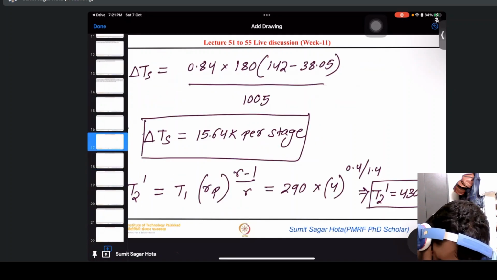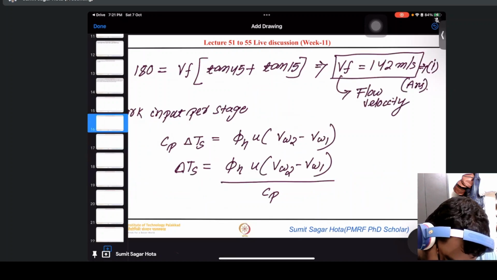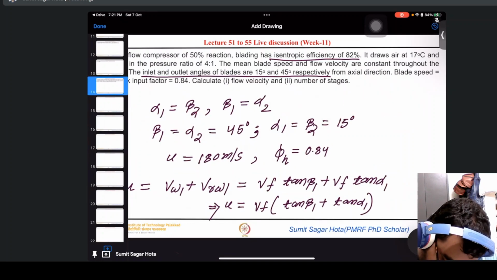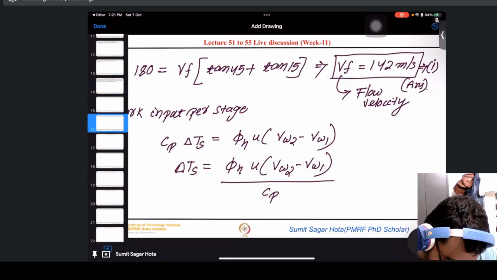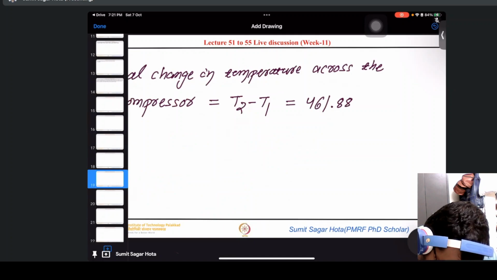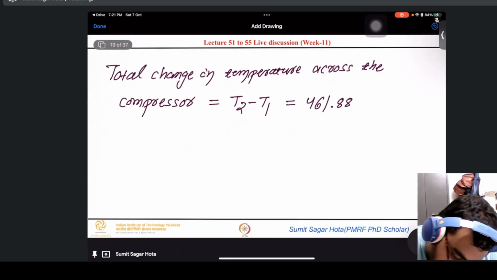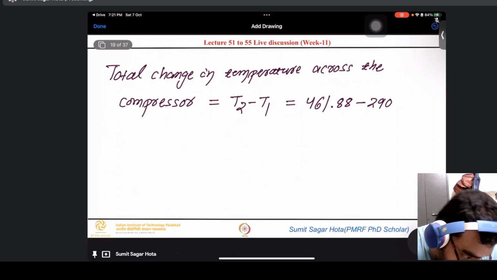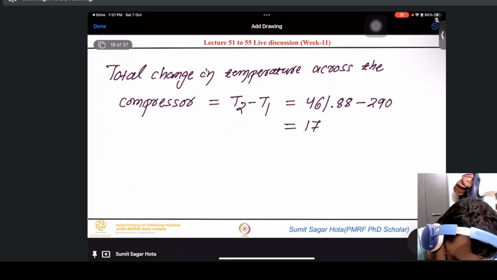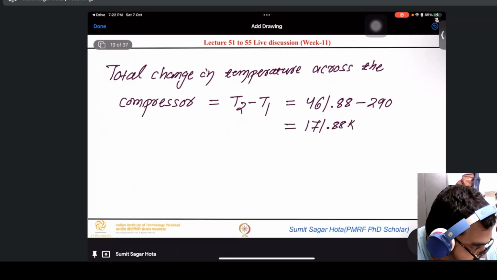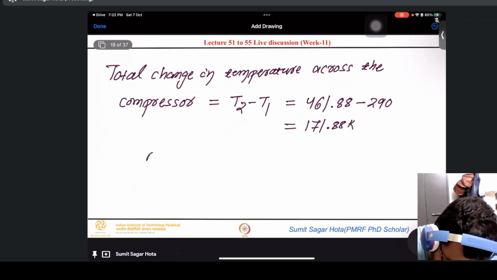What is T1? 290, where 290 is given in the question as 17 degrees Celsius. 17 plus 273 is what? 290 Kelvin. Minus 290, if you do it, the answer you will get is 171.88 Kelvin.